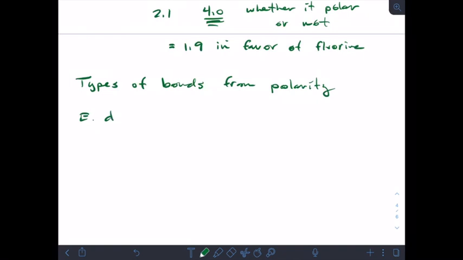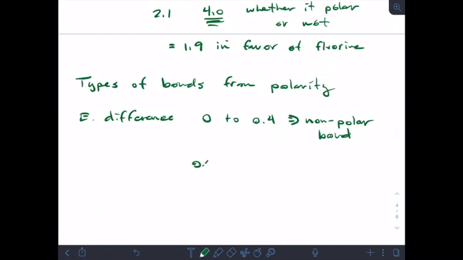So if the electronegativity difference is from 0 to 0.4, we say that that is a non-polar bond. Basically, if it's small enough, that difference is insignificant, and it does not play much of a part in anything. So we just write it off and say it's a non-polar bond.